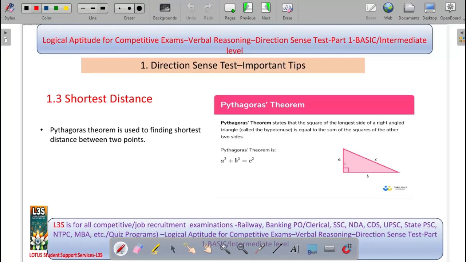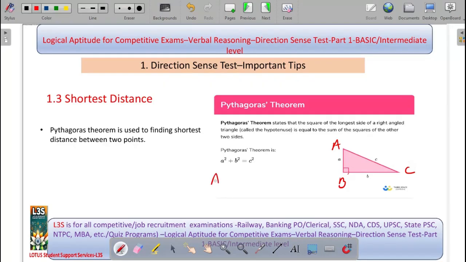Say one side is A and another is B, this angle is 90 degrees, and C is the longest side, so it forms a triangle.